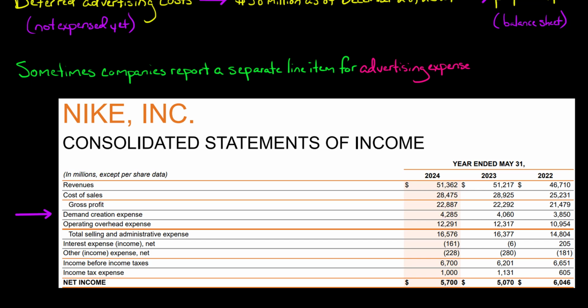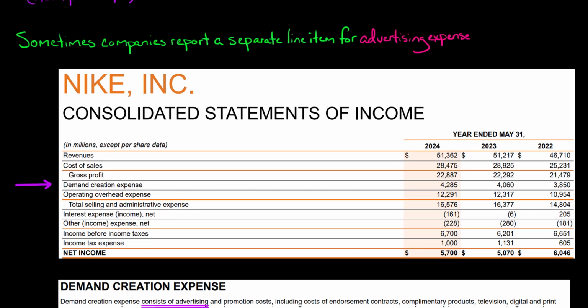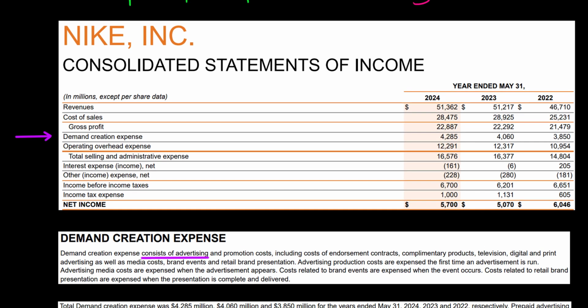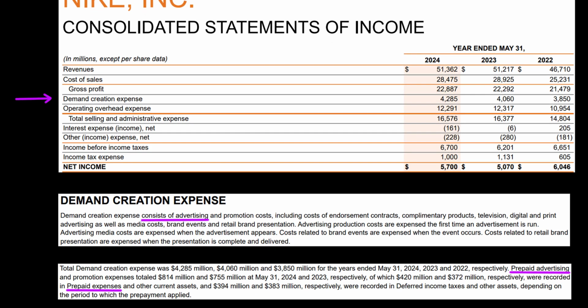Then you go to the notes and ask, what's in that demand creation expense? And in the notes, they tell you advertising and promotion costs. So they have the advertising costs, $4.285 billion for 2024 for Nike. They also tell you in the notes that they have prepaid advertising, just like PepsiCo, and that's going to be in the prepaid expenses on the balance sheet.